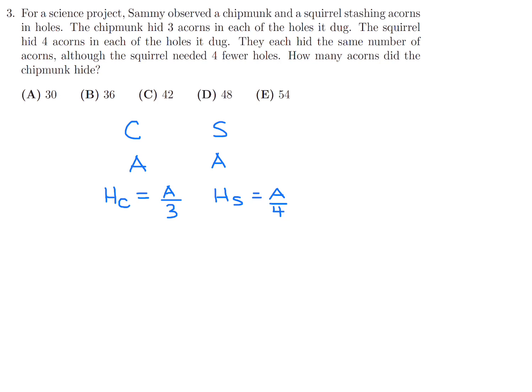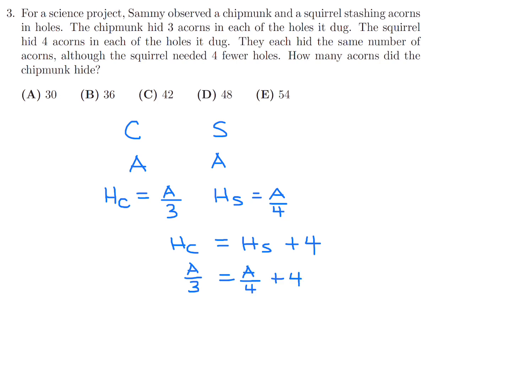And what they have told us in the question is that HC, the number of holes the chipmunk makes, compared to the number of holes that the squirrel makes, is that HC is equal to HS plus 4, because the squirrel needed 4 fewer holes. So now we just equate. This is A over 3, and this is A over 4.